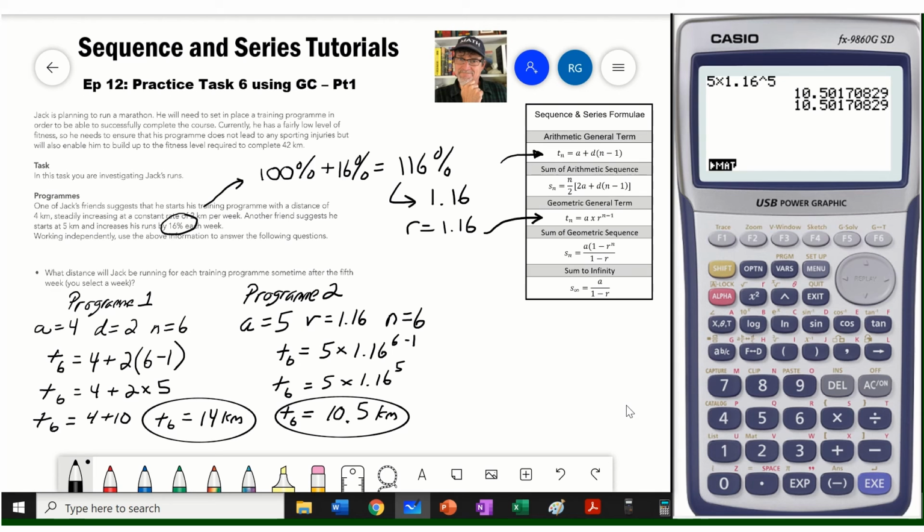So let's just look over the question again and make sure that we've answered everything. What distance will Jack be running for each training program sometime after the 5th week? You select a week.